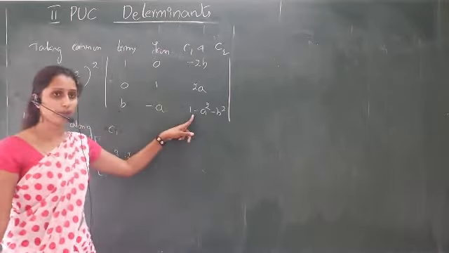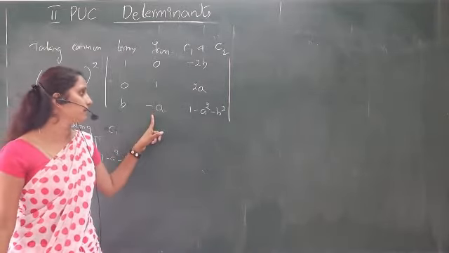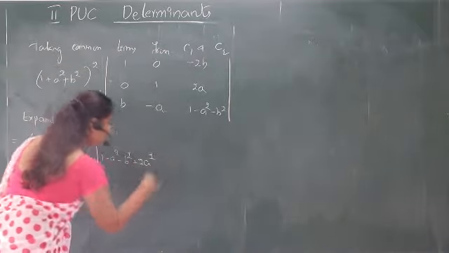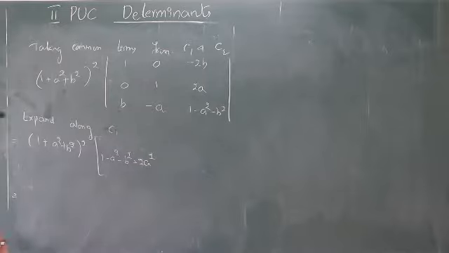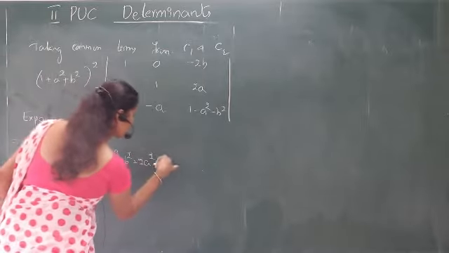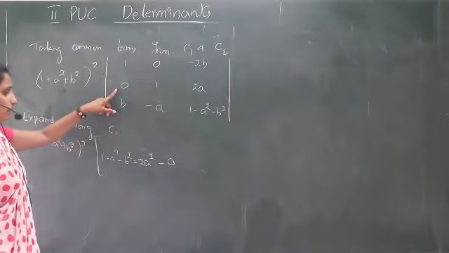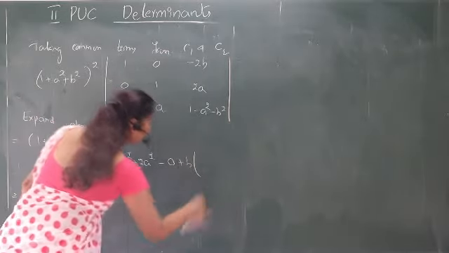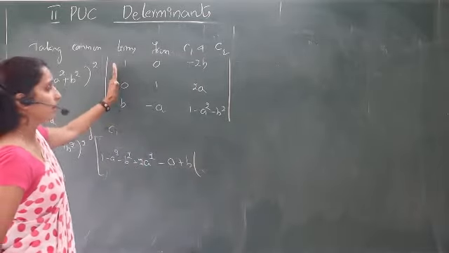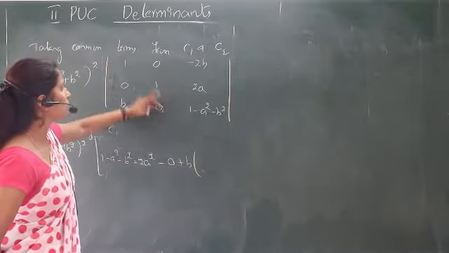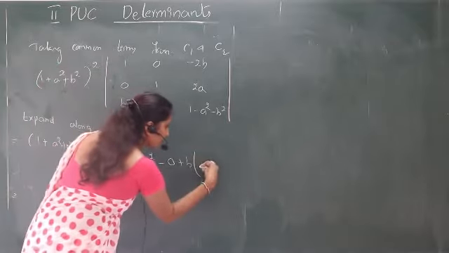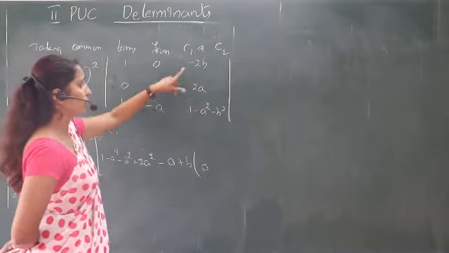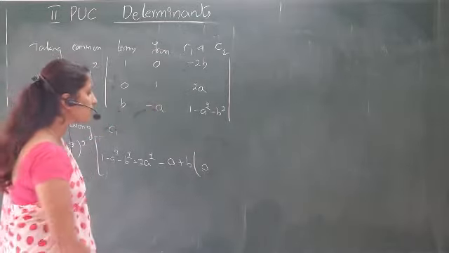Then 1 into this term, minus minus a into 2a is plus 2a square, plus 2a square, then minus 0, this term minus 0, then plus b into, deleting first column and third row. So 0 into 0 into 2a is 0, minus 0, minus of minus 2b into 1 is plus 2b.